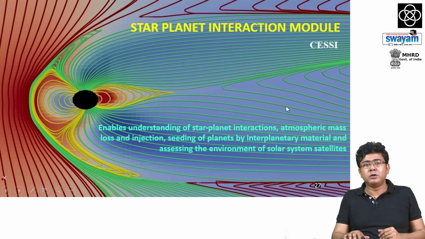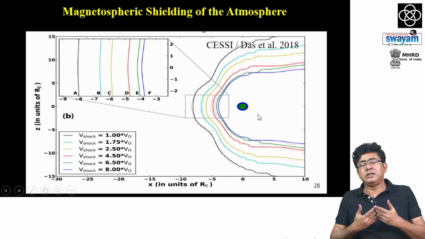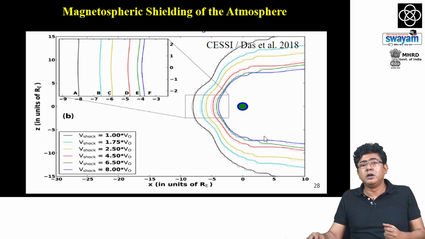So, therefore, if the magnetic output and the stellar wind output of the sun or a star is stronger, we find that the magnetospheric standoff distance comes closer and closer to the Earth's surface.